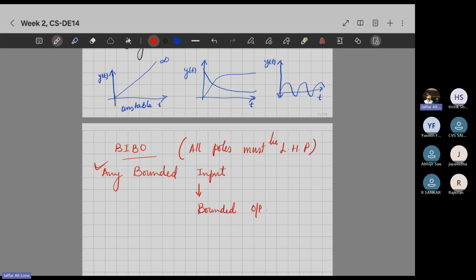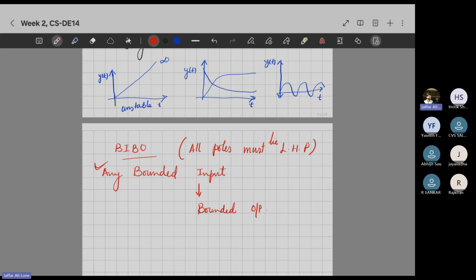Then and only then can we say my system is BIBO stable. If for some inputs my system output is bounded, but for other inputs the output is unbounded, then that system is not BIBO stable, in short.